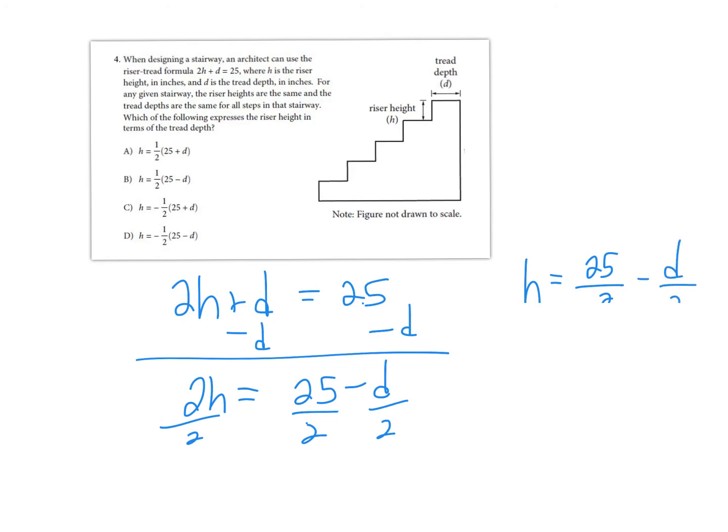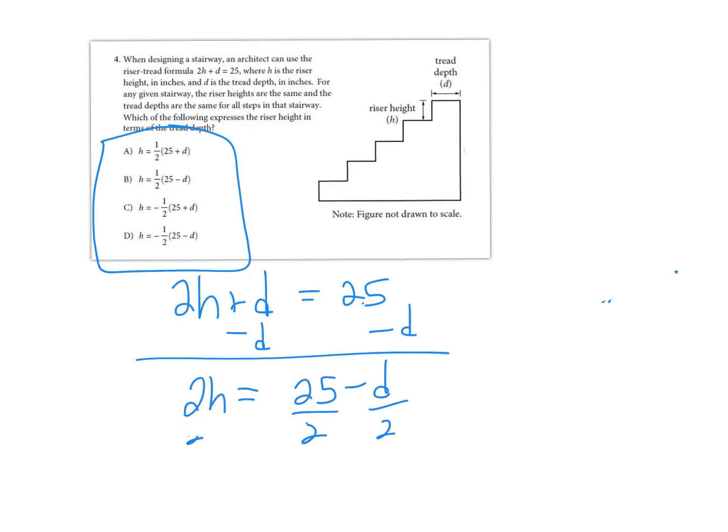But notice our answers over here, we have the fraction out front. So instead of dividing by 2, what they did was they multiplied by a half to clear the 2 away from the h. So I'm going to backtrack a little bit here. I'm going to go back to this point right here.